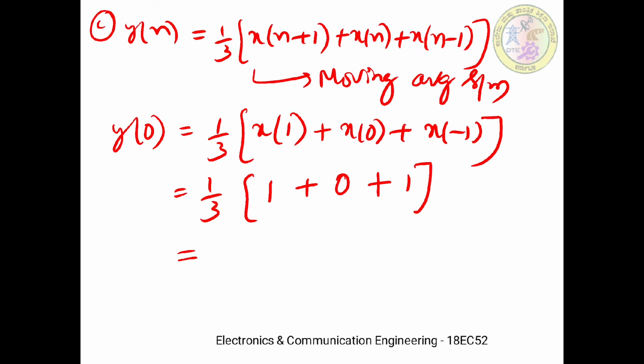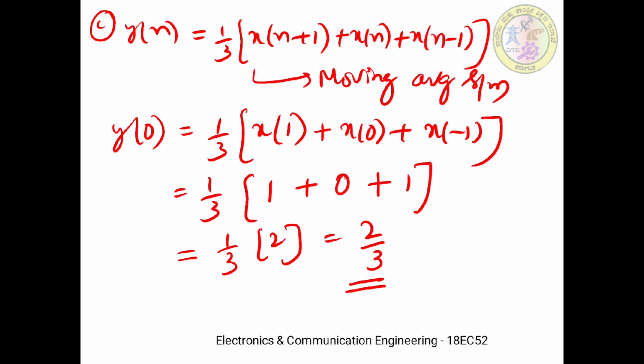So it is equal to 1 by 3 into 2, which is 2 by 3. Therefore the first sample of the y of n sequence, that is y of 0, is equal to 2 by 3. Like this, it is possible to relate y of n and x of n in different ways. So this is a brief introduction about input and output descriptions.